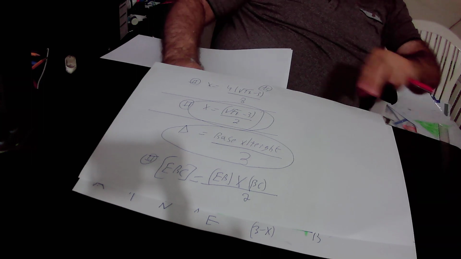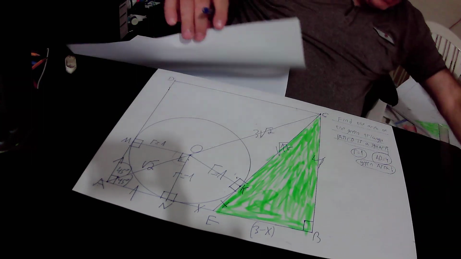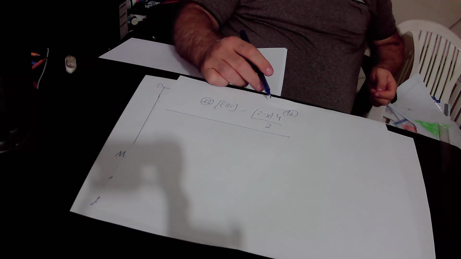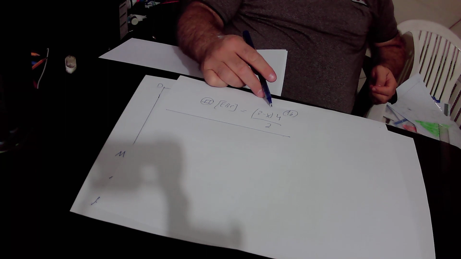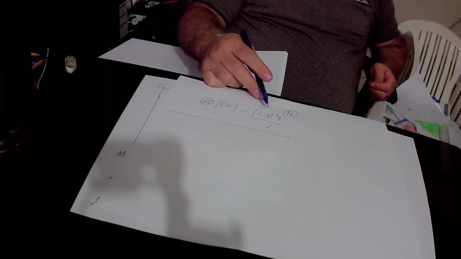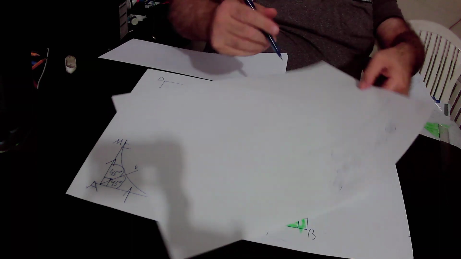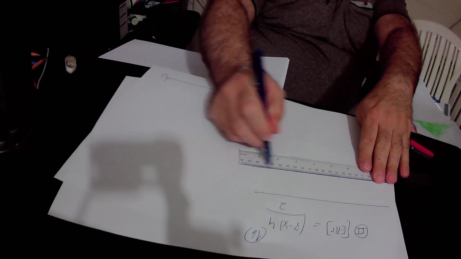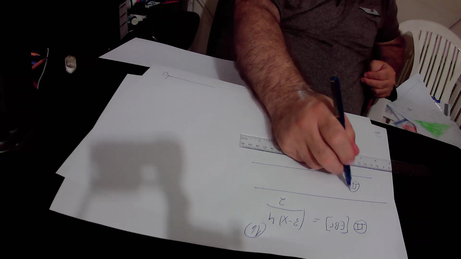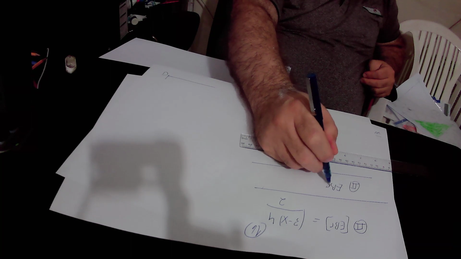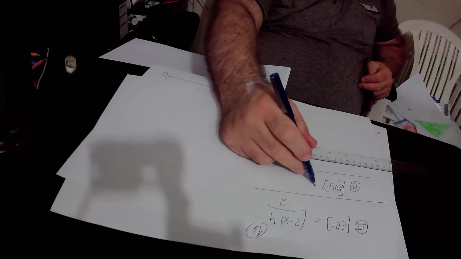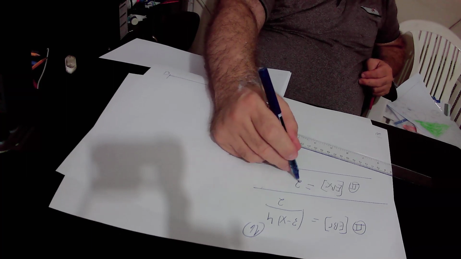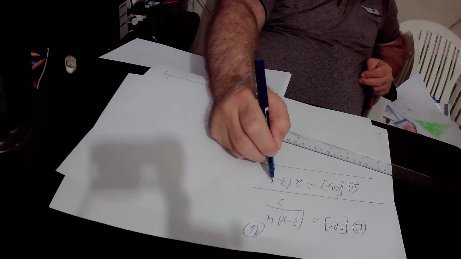So we found out that the area of triangle EBC equals 3 minus x times 4 over 2. 4 over 2 is 2, so the area of triangle EBC, according to equation number 2, equals 2 times 3 minus x.